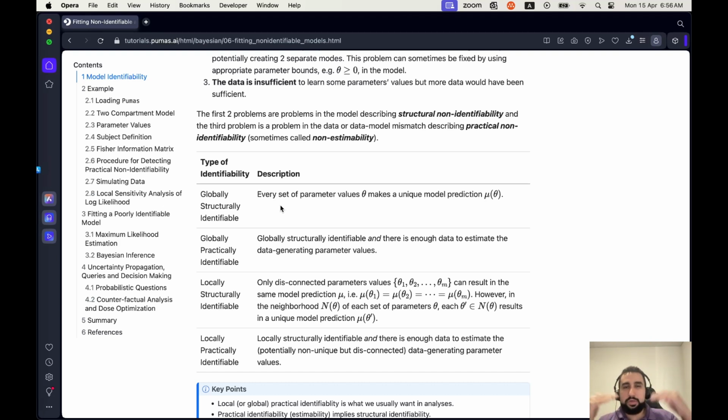So even if in theory, assuming you have infinite amounts of data, your model could be identifiable, because your experiment design was so bad that you focus only on one part of your dynamics and not the other parts, you still may not be able to estimate some of the other parameters. And so this is often called practical non-identifiability.